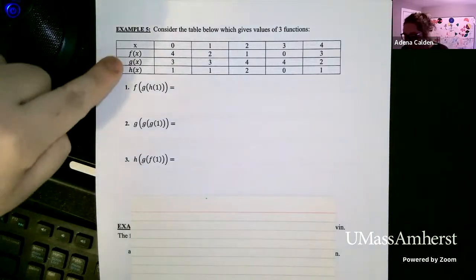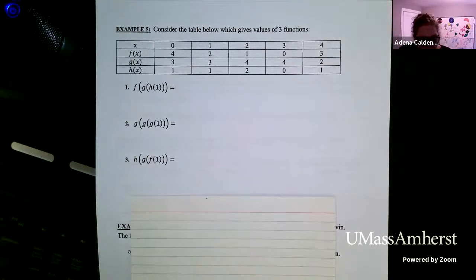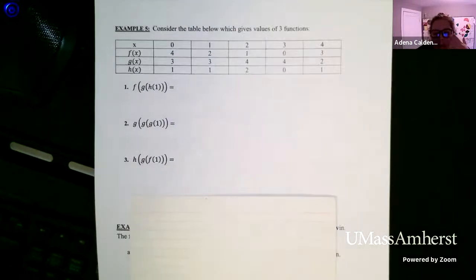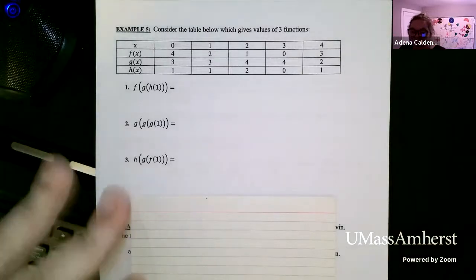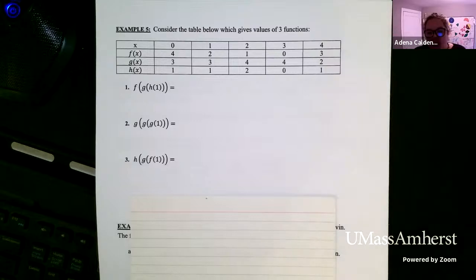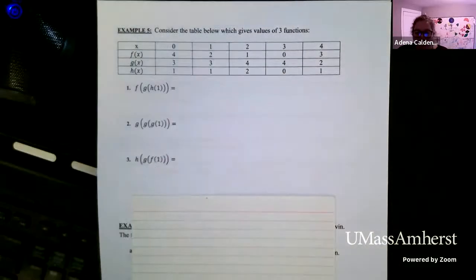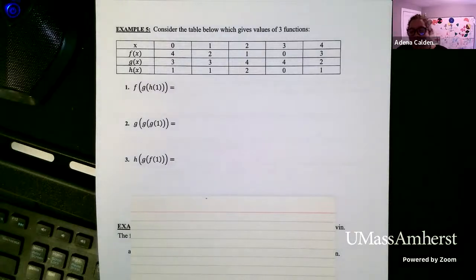So there's 3 different dependent values depending on the function you are talking about. So we can look at composite functions and think about them if we have a table of values. And so if we do that, we are not composing any functions because we don't know what the functions are in terms of their algebraic qualities, but instead are considering the values of each of these functions at a point.